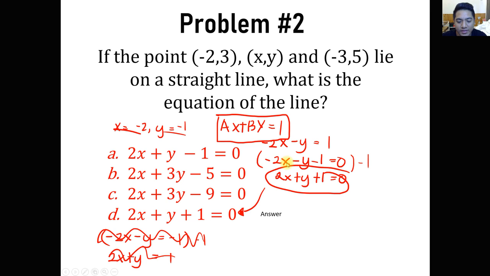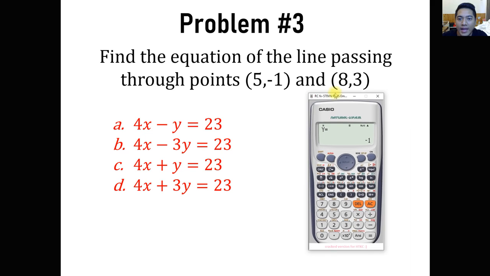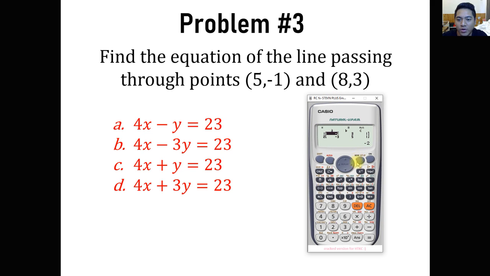Okay? So also for problem number 3, we need to find the equation of the line passing through the points 5, negative 1, and 8, 3. So mode 5 again. Clear it. So you have 5 for x, negative 1 for y, and then 1 for the constant.